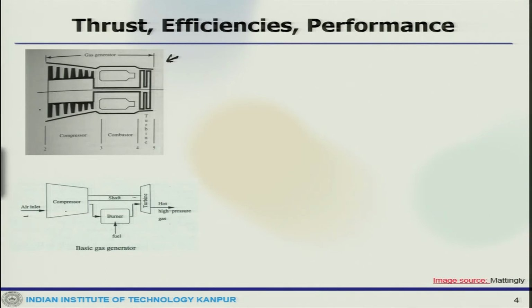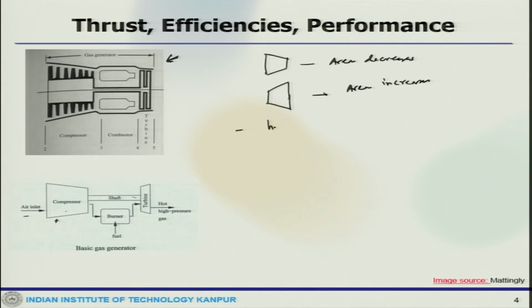Here it passes through, and you can see in the compressor, very interestingly, why we use this kind of typical symbol for compressor: because the area actually decreases. These are axial stage compressors, and in the turbine the area increases.